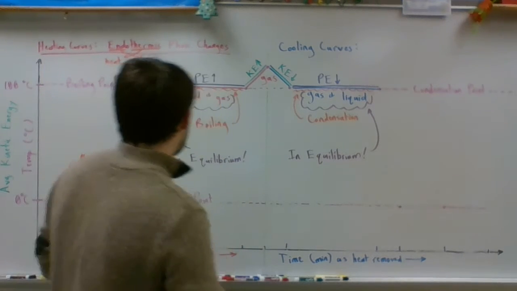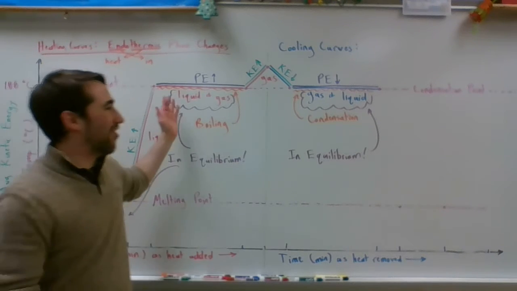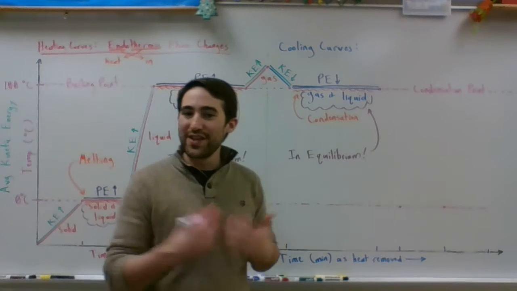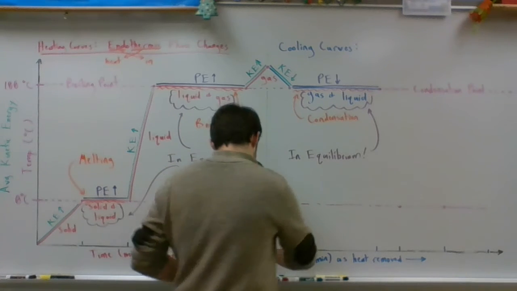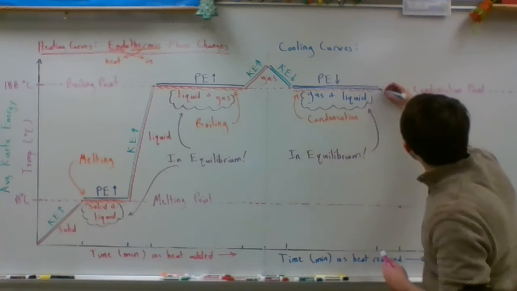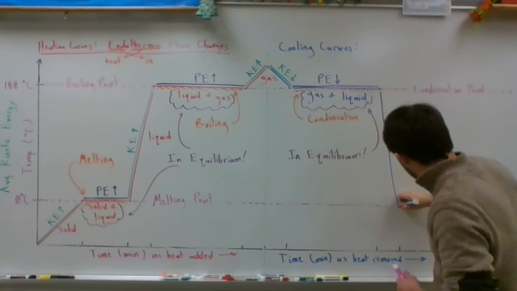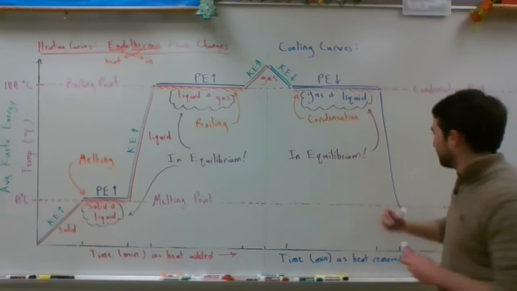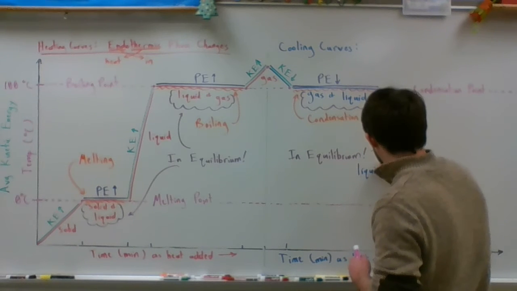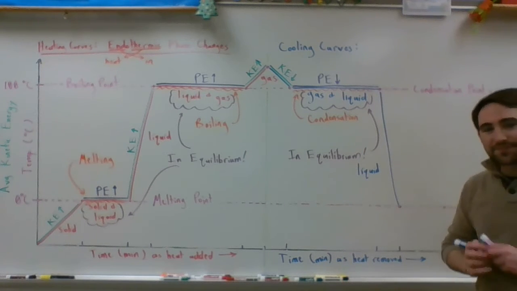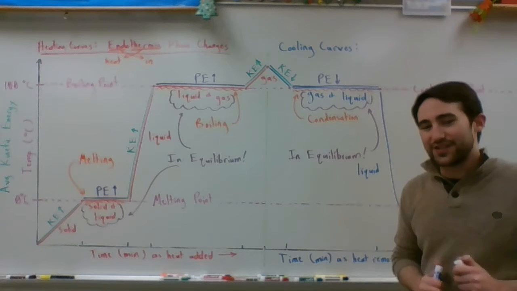Okay. Well, once we have all of our gas condensed back into the liquid, our temperature can start to drop again. Which must mean for this liquid, our kinetic energy is decreasing.